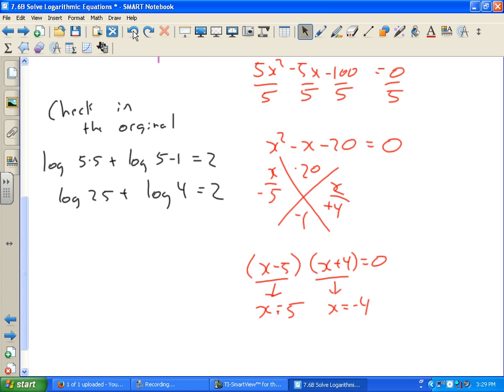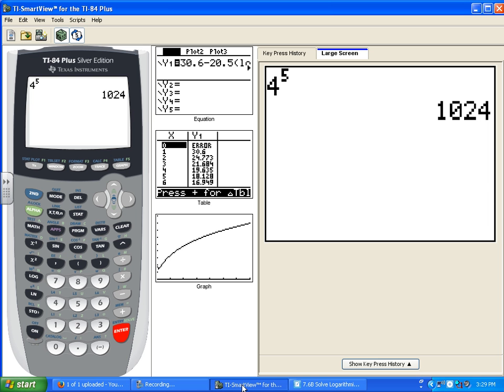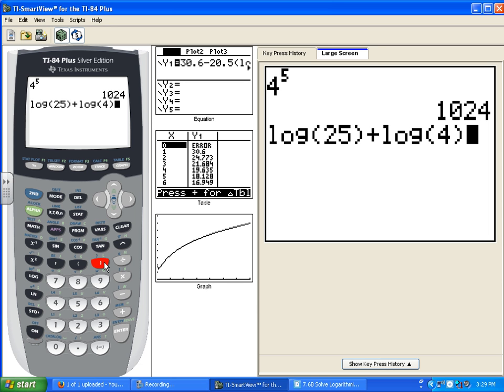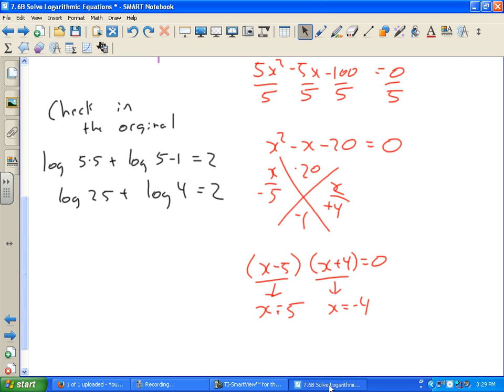You'd have to use your calc for that. It's 2. So the log of 25 plus the log of 4 simplifies to 2. Then that solution checks. It has to work in the original in order to be a solution. So I like 5 as an answer.